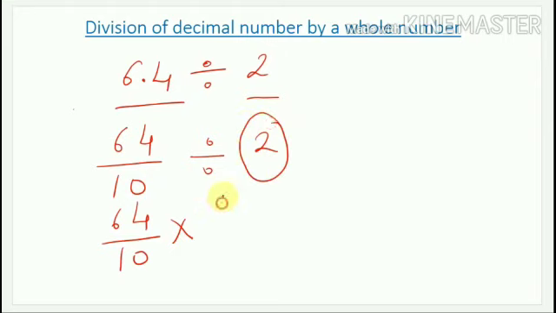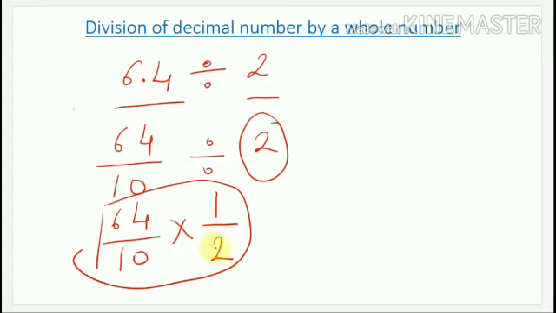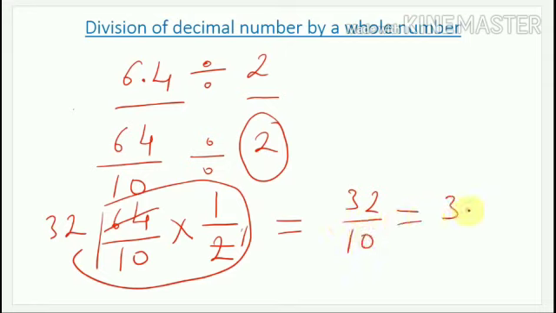So 2 becomes 1 upon 2. Now reduce this fraction. 2 ones are 2, and 64 gets reduced as 2 threes are 6 and 2 twos are 4. So this becomes 32 upon 10. Now convert this fraction into decimal. So the answer is 3.2. This is the answer.